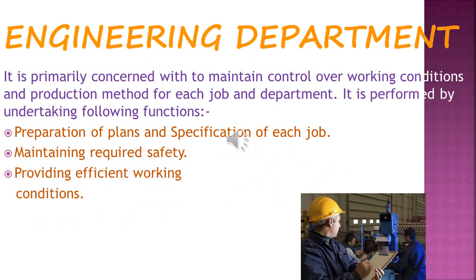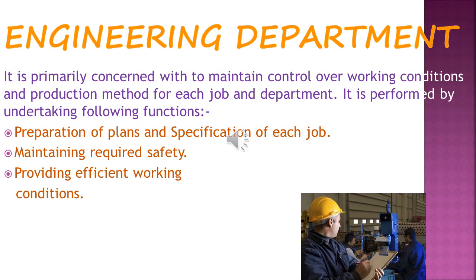Then the engineering department. You can see the engineers doing work over here on this slide. They have to ensure the proper method of production of each job, production methods of each department, and they have to see whether things are working as per the production schedule that has been framed.